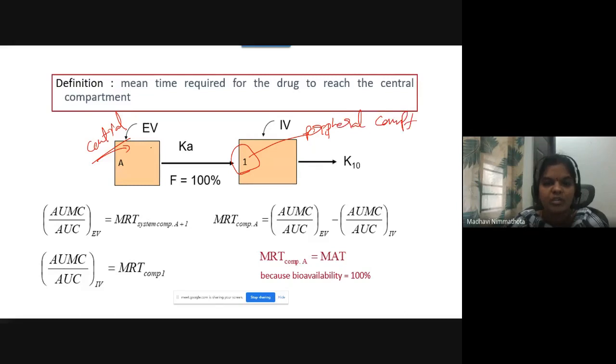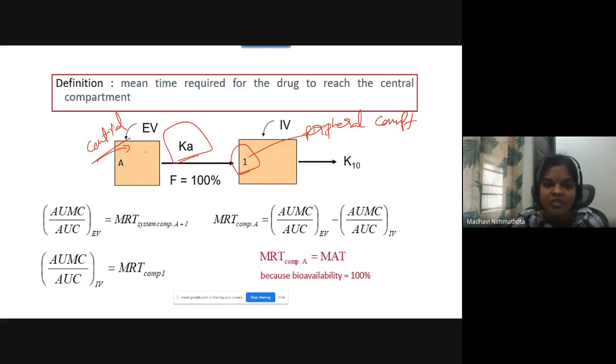When your drug is transported from central to peripheral in extravascular administration, there is a pharmacokinetic parameter you must calculate. This is the absorption rate constant, Ka. This will be elucidated in the case of extravascular administration.